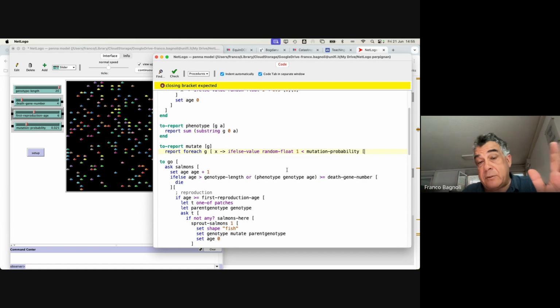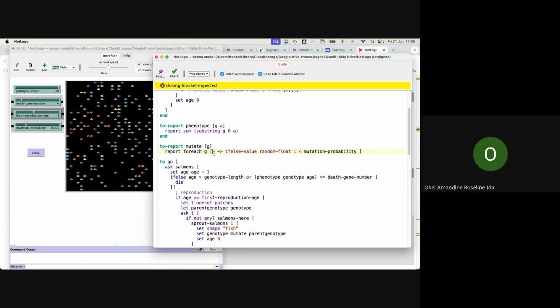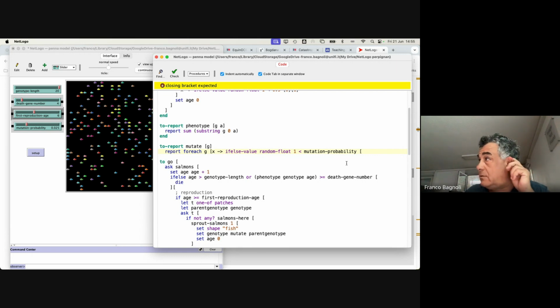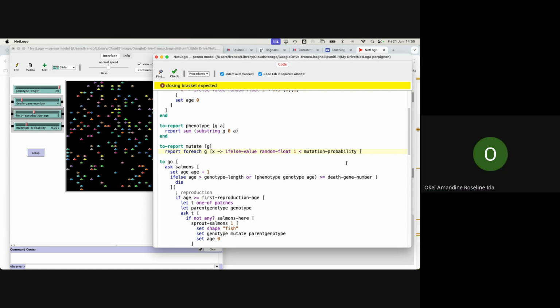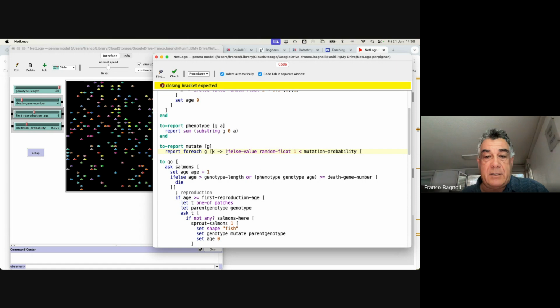Or we can also have just bad mutations, as you want. Normally this is done also. In general, the idea is that these genes are not bits; they're very big. So if you have a mutation, generally you inactivate the gene. So for instance, if else value, say x equal to 0 and this 1, otherwise it stays 0.